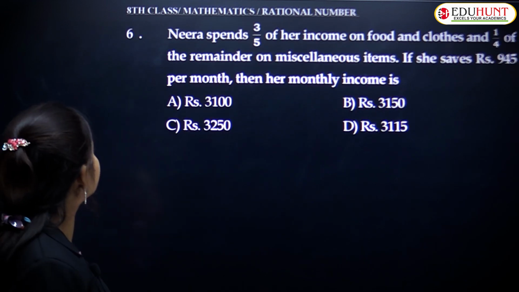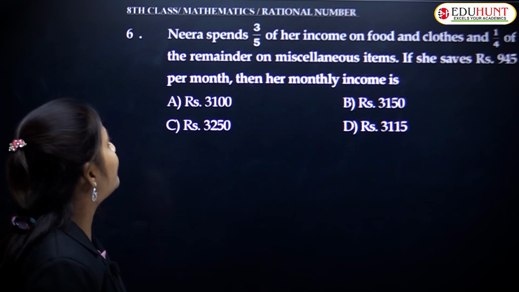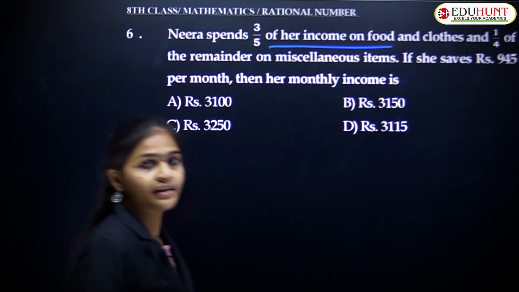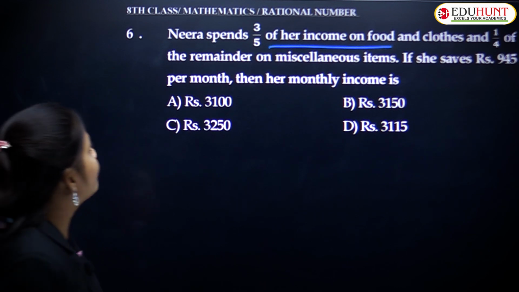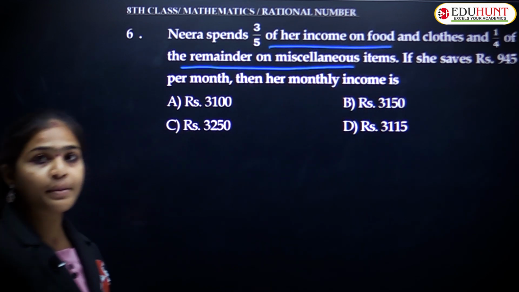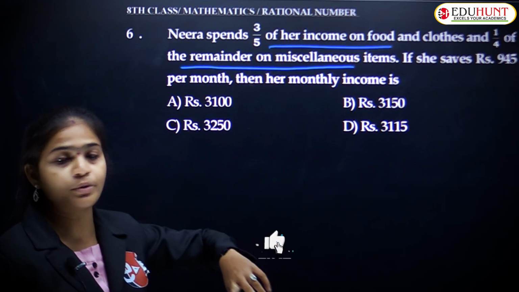So that is the sixth question. See here, Neera spends 3 by 5th of her income on food and 1 by 4th of the remainder on miscellaneous items. Here, once see that question properly.